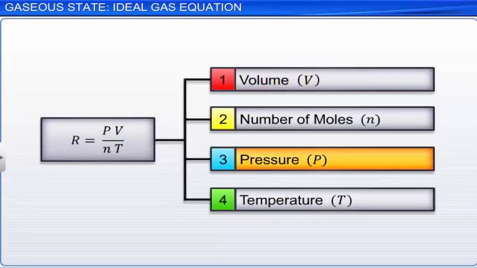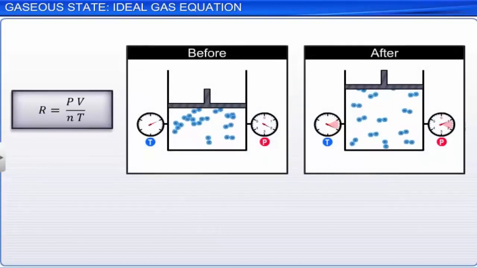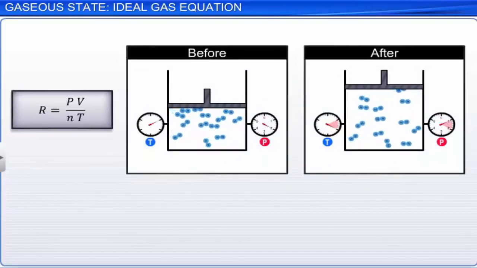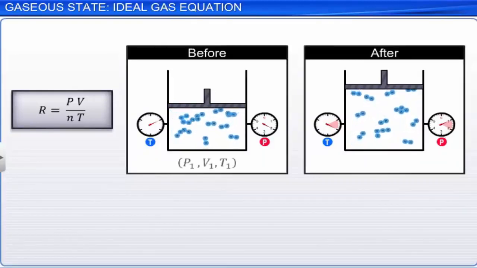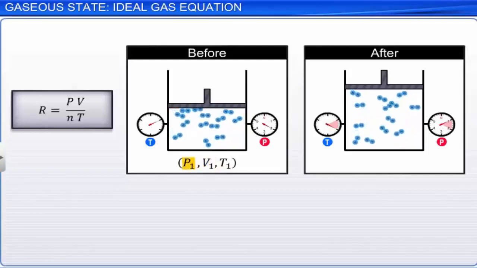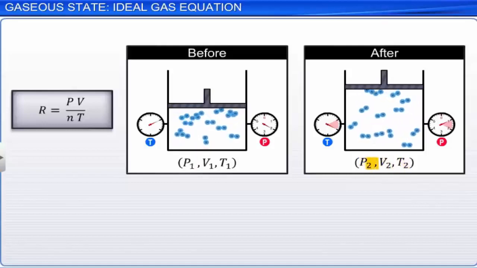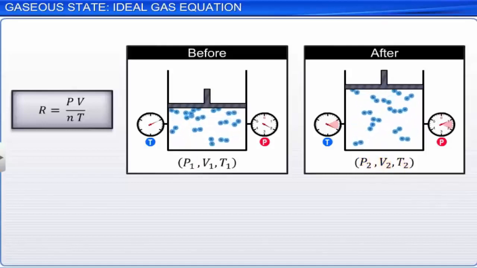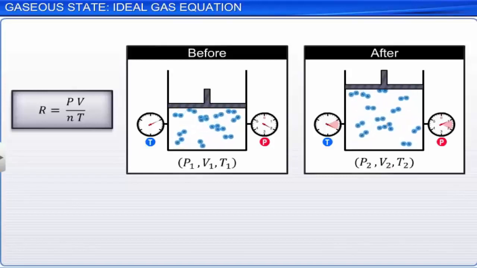If we vary temperature, volume and pressure of a fixed amount of gas, that is, keeping the number of moles N of the gas constant, from T1, V1 and P1 to T2, P2 and V2, then using ideal gas equation, we can write P1V1 by T1 is equal to NR and P2V2 by T2 is equal to NR.